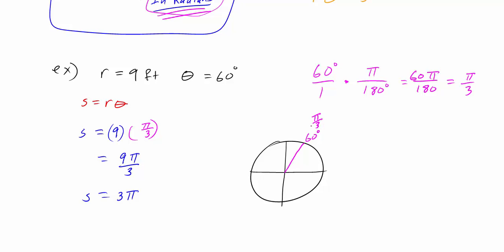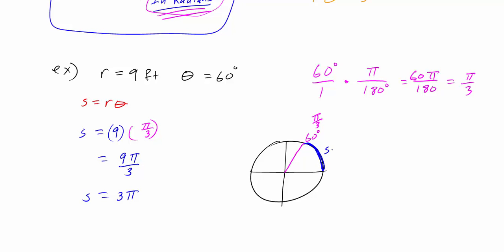And really what we're looking for, when we say we're looking for the arc length, is the length of this curve right here. So if you were to take a string and measure this blue line here, this part of the curve, this here is going to be 3 pi what? Now be careful, this isn't the angle. The angle is the pi over 3. But here, 3 times pi is representing the length of this part of the circle.